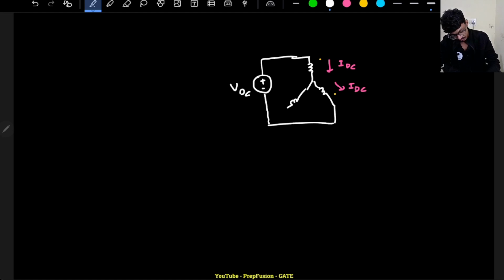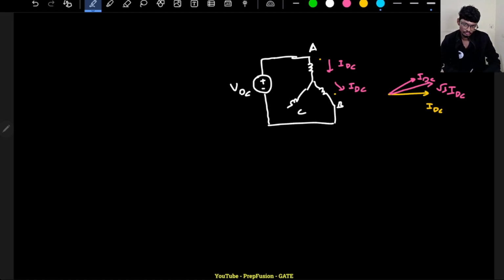Let me assume this as A phase, this as B phase, this as C phase. So this current will be IDC and this current will be IDC again. So ultimately the equivalent will be root 3 into IDC. This we have already discussed, so this I know.